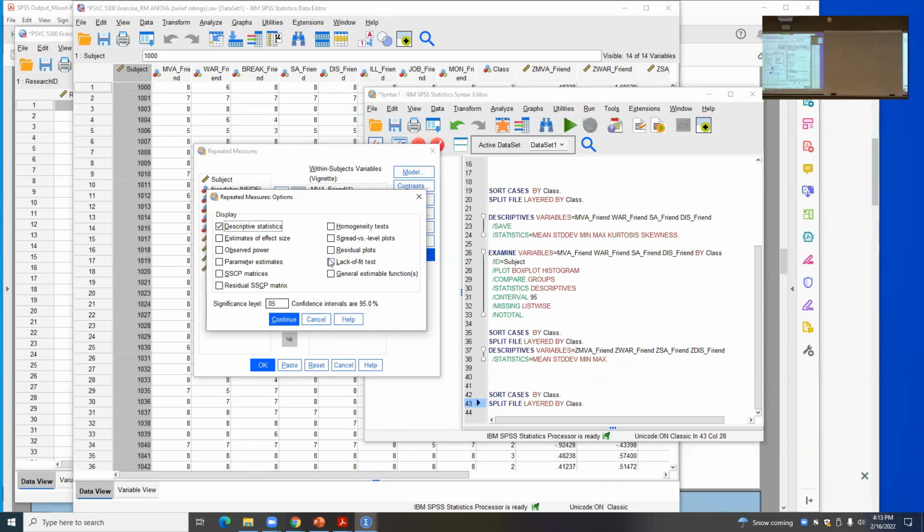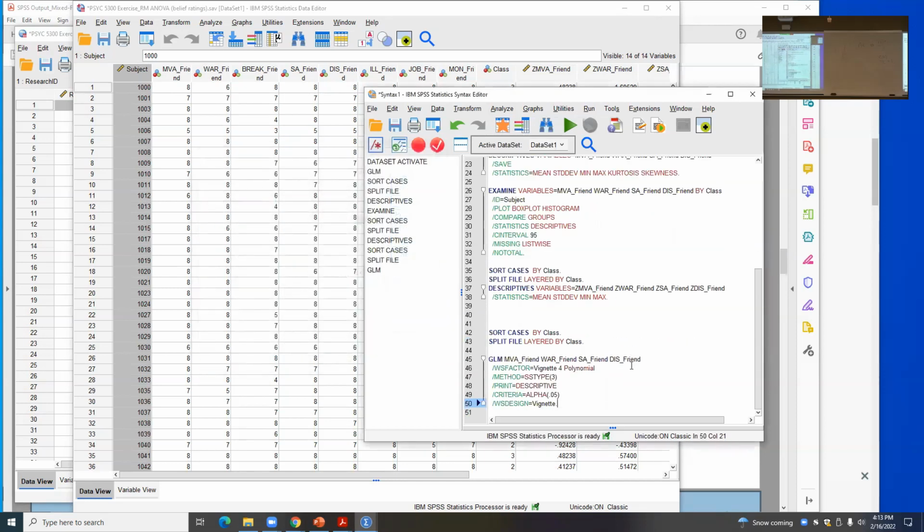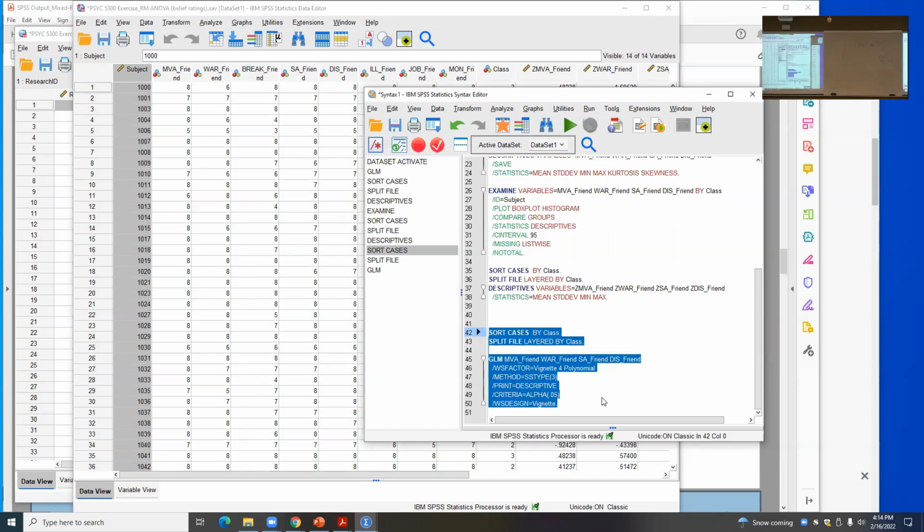And then I'm just going to ask for my descriptives here. Hit continue and paste. So someone tell me what this is going to do when I run it. What's my split file going to do?